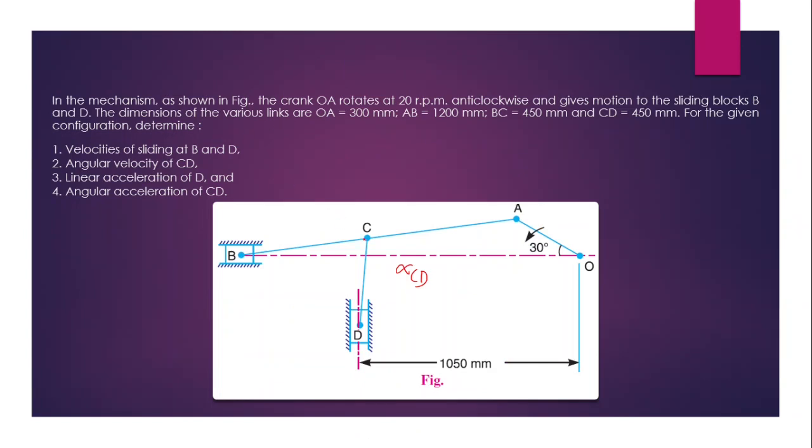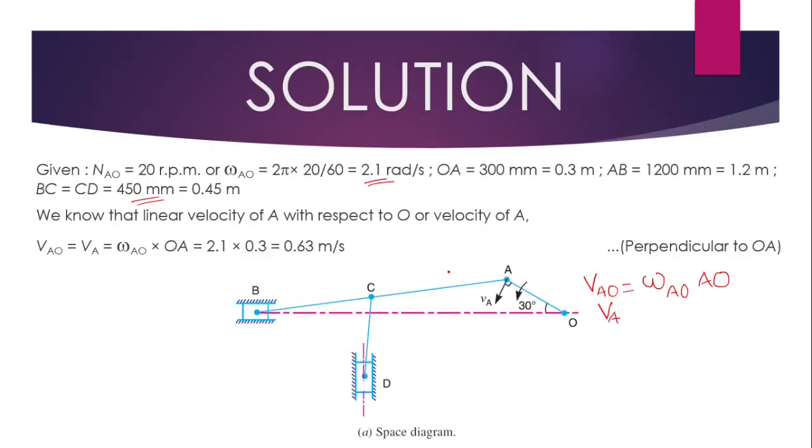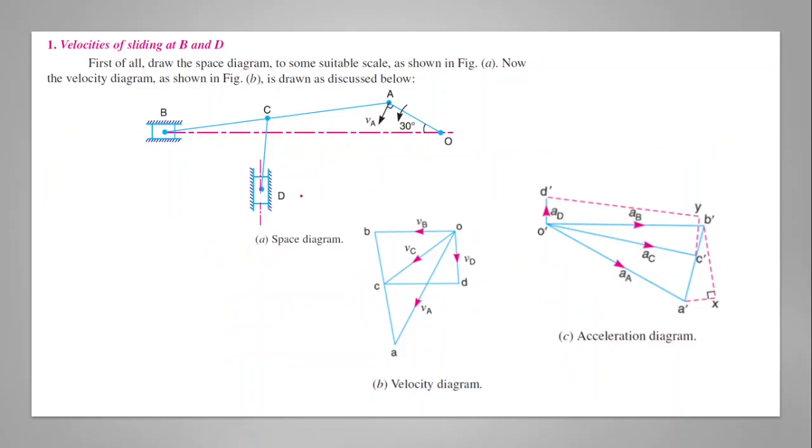Also the horizontal distance between that point D and the pivot point O is given as 1050 mm, so that we can locate this point D. Because this horizontal distance is given as 1050 mm, we can construct this space diagram.